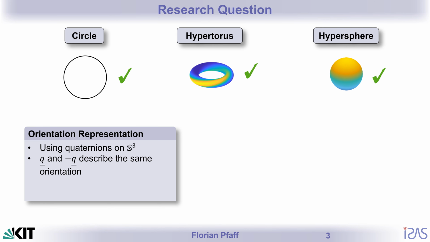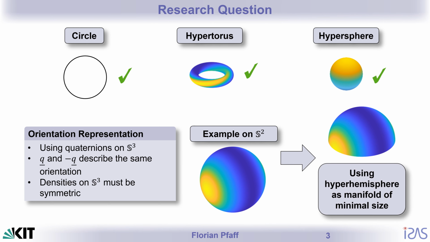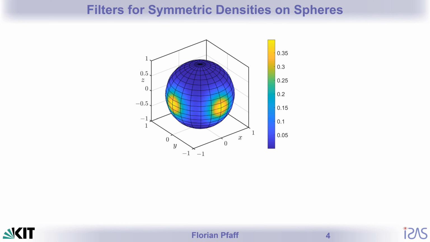However, q and minus q describe the same rotation, and the densities, to be really valid, have to be symmetric on S3. If I visualize this on S2, because S3 is hard to visualize, then we have some symmetric density. Our idea is now to consider just a hyperhemisphere, half of that, to have a manifold of minimal size. So let's consider some existing filters.